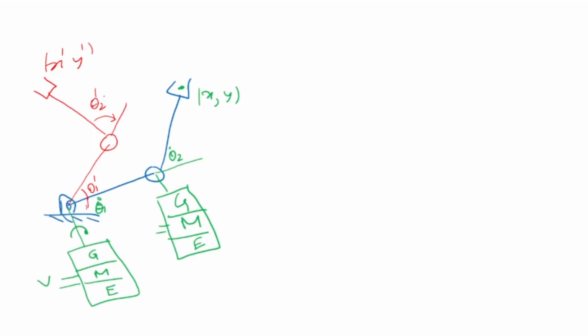Now how does the controller do that? What it will do is at xy, it will do inverse kinematics and find out the corresponding joint angles theta 1 and theta 2. Numerically it will find out theta 1 and theta 2. Say for example, this one is 40 degrees and this one is 60 degrees.